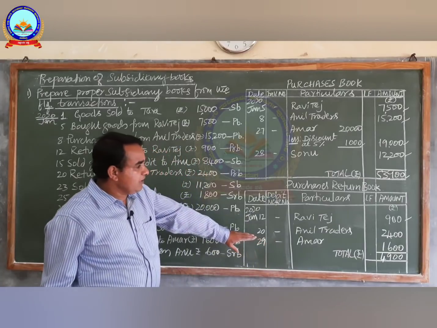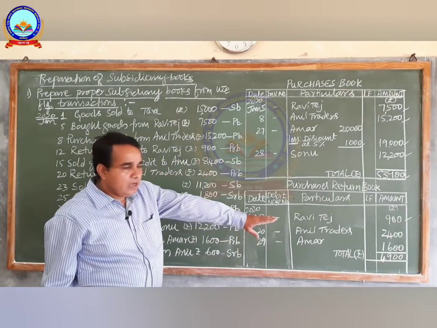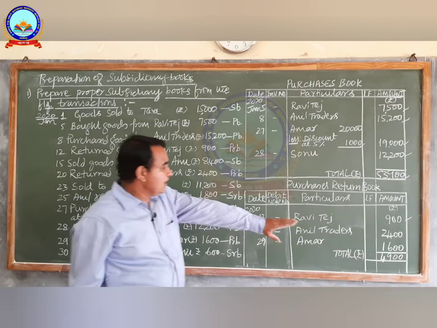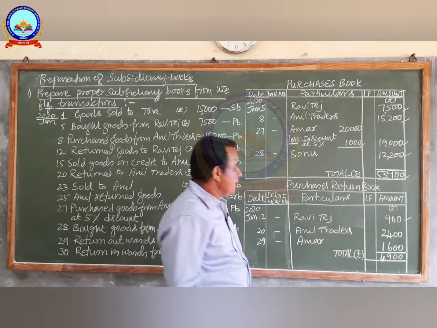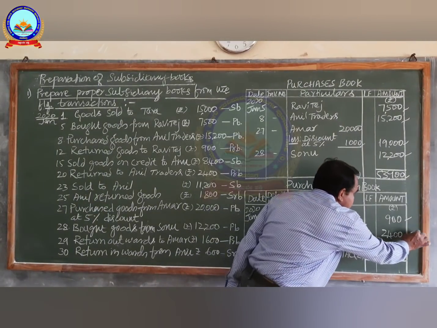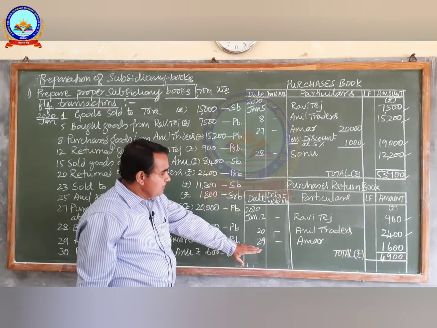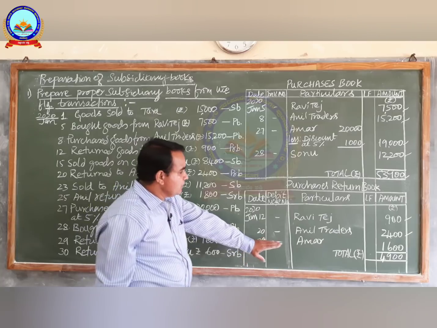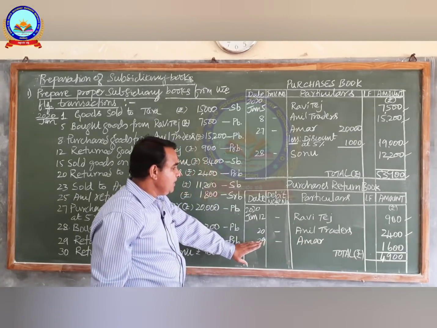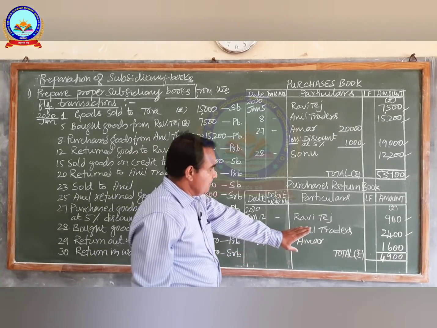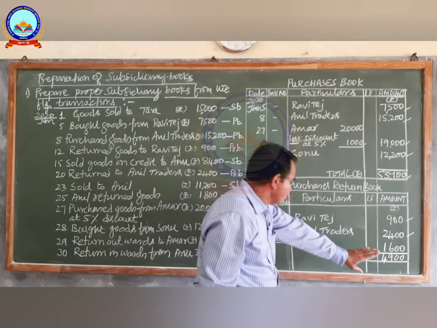And on January 20th, goods returned to Anil Traders. The supplier's name is Anil Traders and the amount of goods returned is rupees 2,400. Next, on 29th, goods returned to Amar, or a debit note to Amar, rupees 1,600.